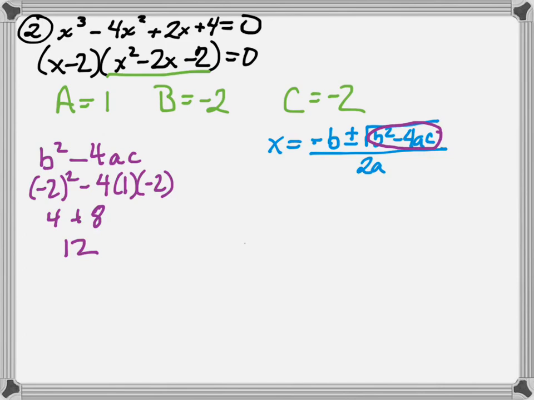And so we're going to plug that into the quadratic formula. Negative b is opposite b, so in this case that would be a positive 2 plus or minus the square root of that 12 we just found, divided by 2 times a, which is 1 in this case.